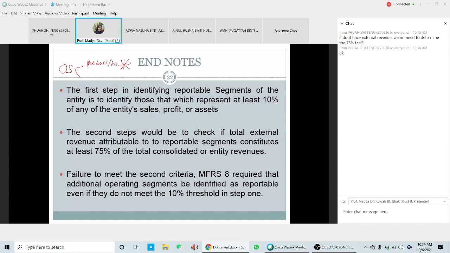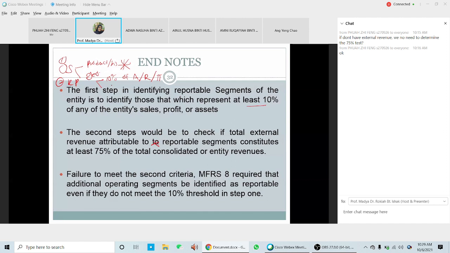Either or. Okay, and then the second step will check if the total external revenue attributable to reportable segments constitutes at least 75% of the consolidated or entity's revenue. So the external revenue of the reportable segments should be more than 75% of the total revenue.